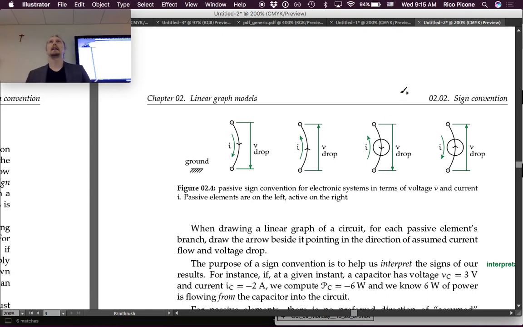The reason is that the product of the voltage and current is power, right? So active elements are providing power to the circuit. And when they provide power to the circuit, that's going to be a negative power, because we say that power going into an element is positive, so power leaving an element has to be negative.